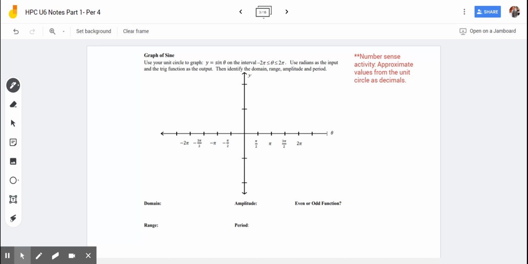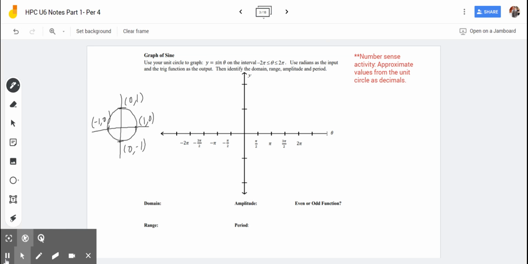So if we sketch some of the key points in sine, from the unit circle, we know that it starts at (1, 0). We know that it has a max at (0, 1), then (-1, 0), and then a minimum at (0, -1).